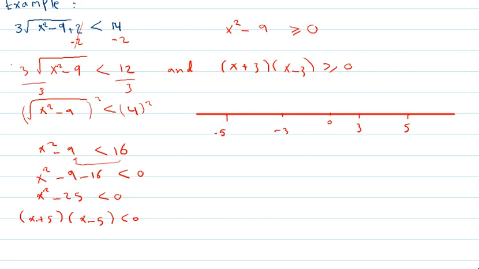So this interval here, between 3 and 5, for example, let's take 4 squared, 16, 16 minus 9 gives us a positive number.